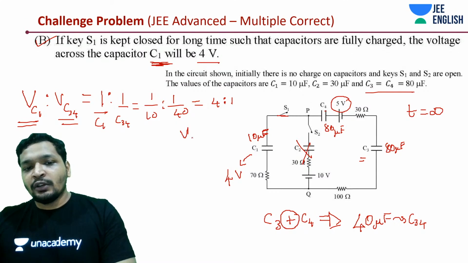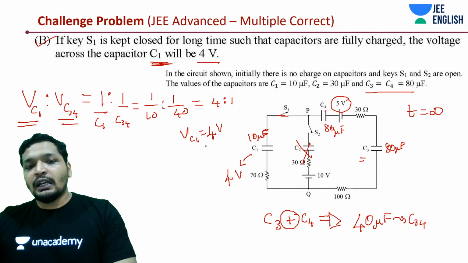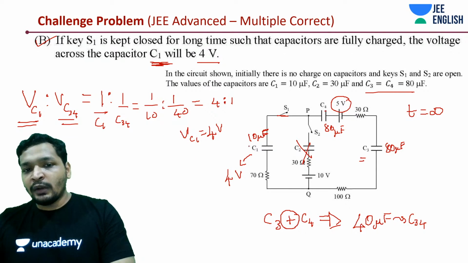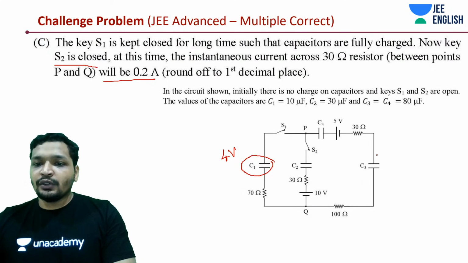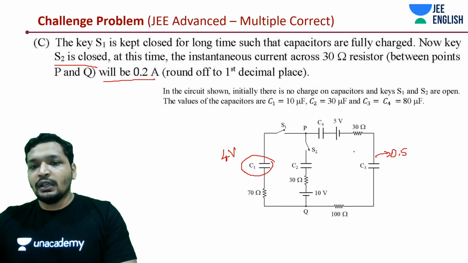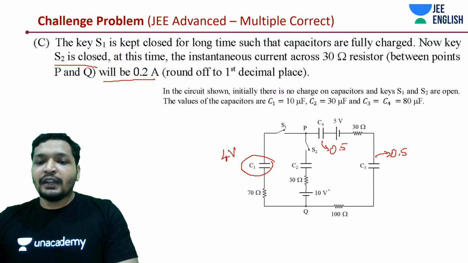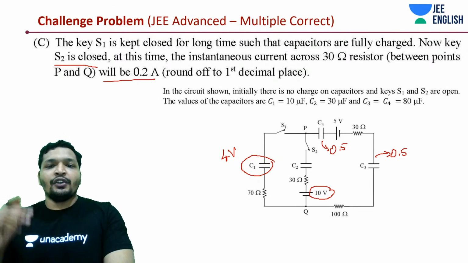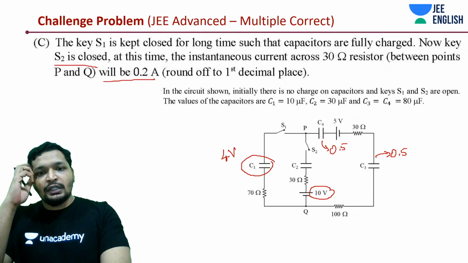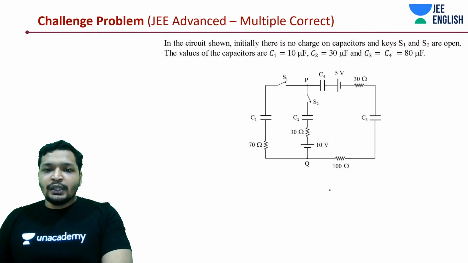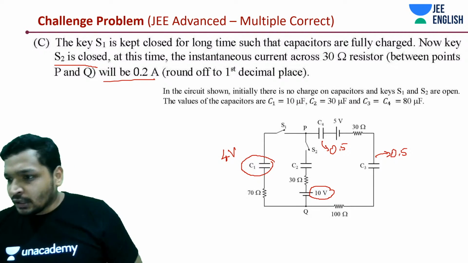That means VC1 is 4 volts, and V34 is 1 volt. That means each is going to be 0.5 volt, and this is also going to be 0.5 volt. Okay. And now we have 10 volts. We need to actually draw the equivalent circuit to understand this question. But let's do it even without drawing the equivalent circuit.